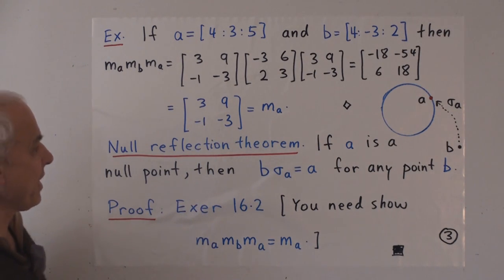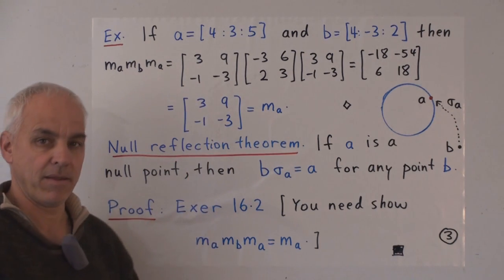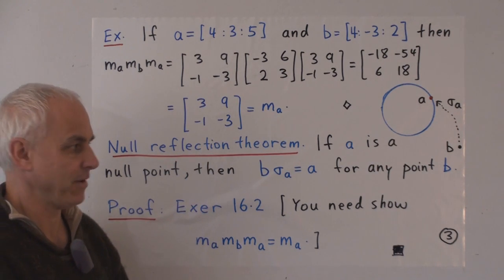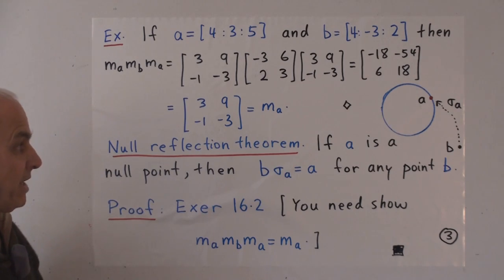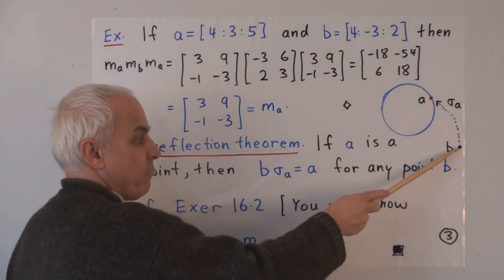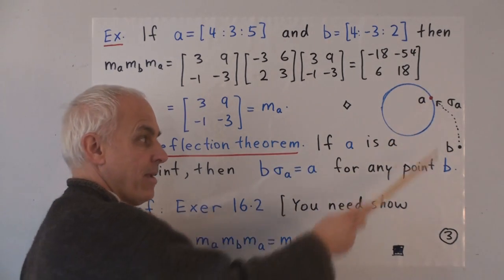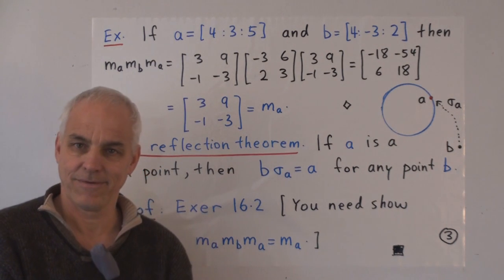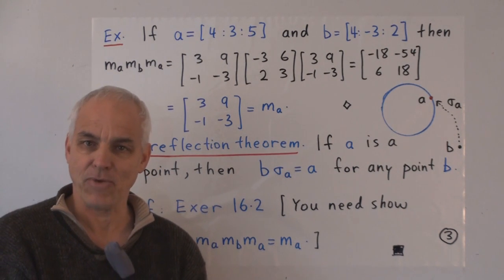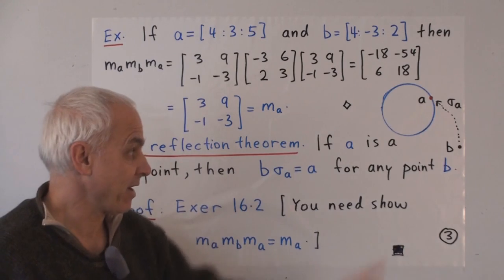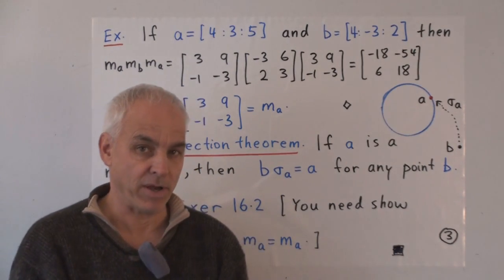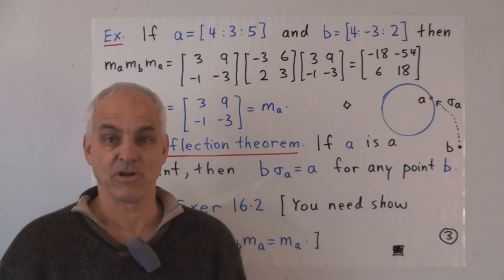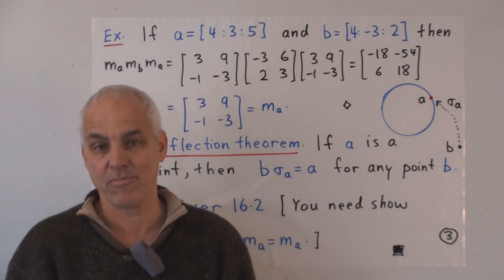And lo and behold, we see that it's exactly the same as M sub A. What does that mean? Well, it means that the reflection of B in A is A itself. This is not like a regular reflection. And it's because the point A is not like a regular point. It's a null point, it's a special point, it behaves differently from other points.